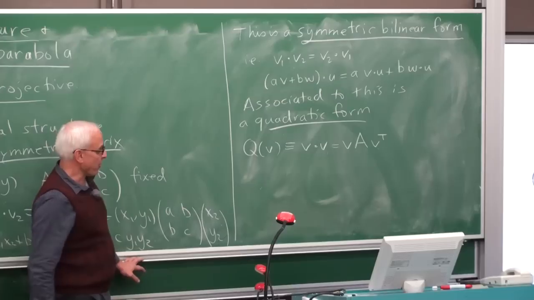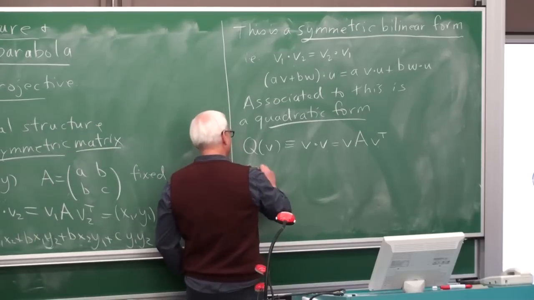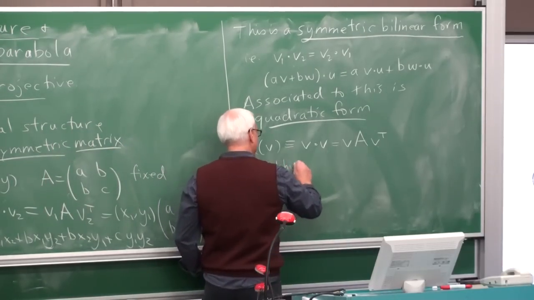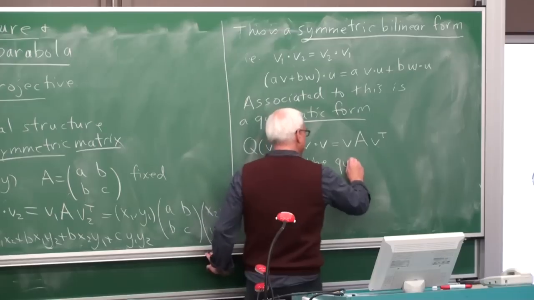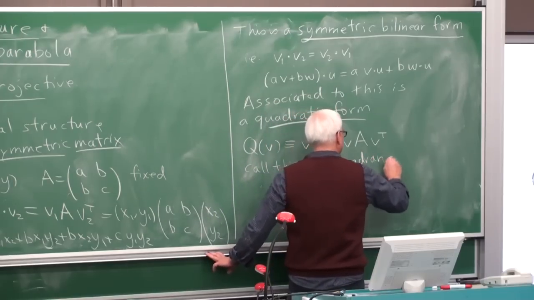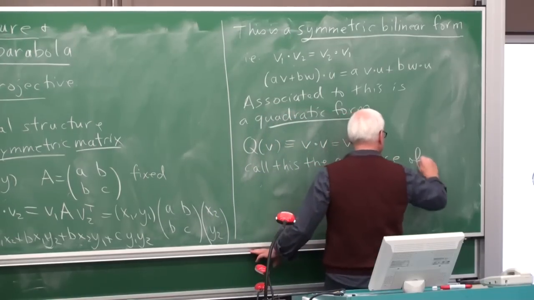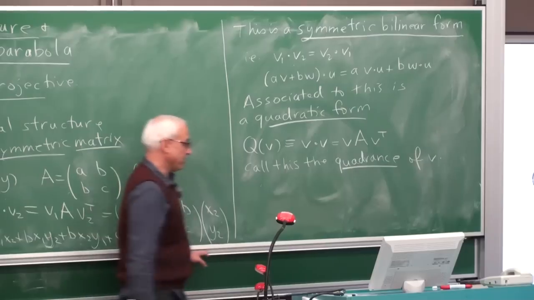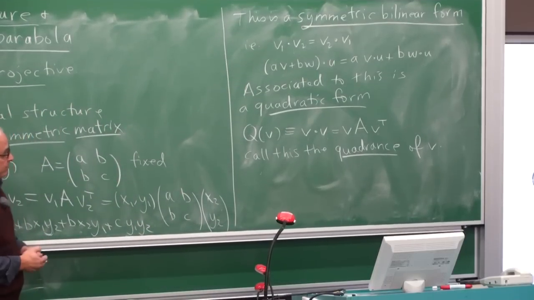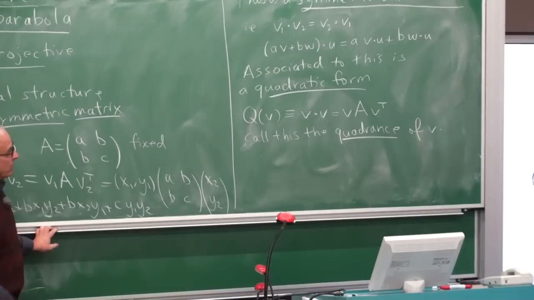And we're going to give this number a name, so we're going to call this the quadrance of the vector V, which is a reasonable name.